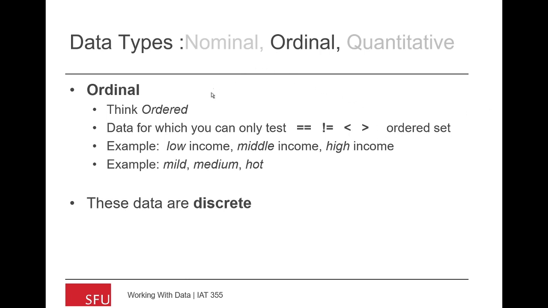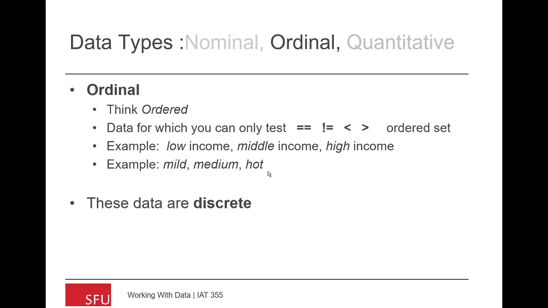Here are some examples: low income, middle income, and high income, the kind of thing you might see in an economics data set, or mild, medium, and hot that you might find in a restaurant that serves spicy food. Hot is more spicy than medium food, and medium is more spicy than mild food, and mild is not equal to medium, and medium is not equal to hot, but you can't multiply mild by 3 and get hot.